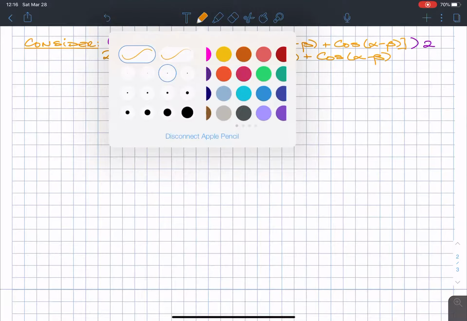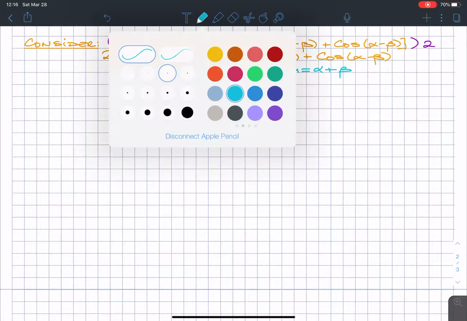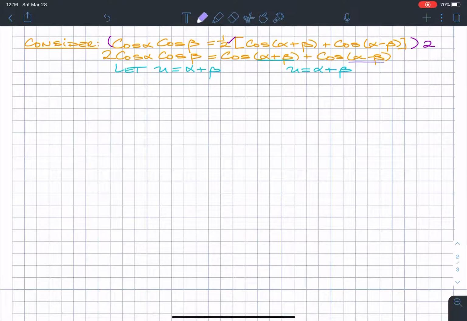Okay, so what I'm going to do is a substitution. I'm going to let u be alpha plus beta. So let me put that over here. You'll see why I'm doing this. And I'm going to let v be alpha minus beta. Okay, so I'm going to take the sum and difference of these. So on the left, I have u plus v.